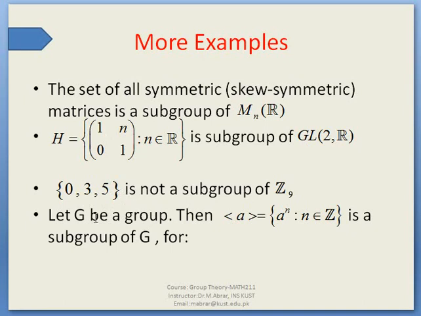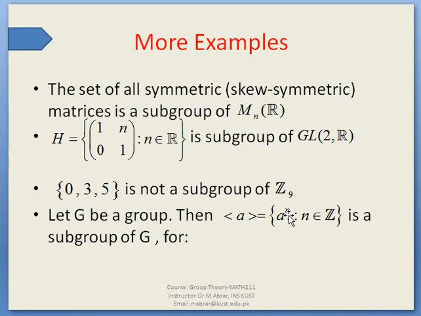And we take a group G, with an arbitrary element a from G, and we take the set of all powers of a: positive powers, negative powers, integers, positive integers, negative integers, and 0 as well. This is denoted by the angle bracket notation ⟨a⟩.